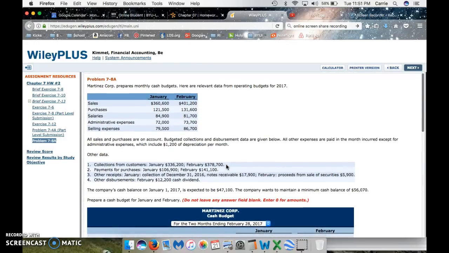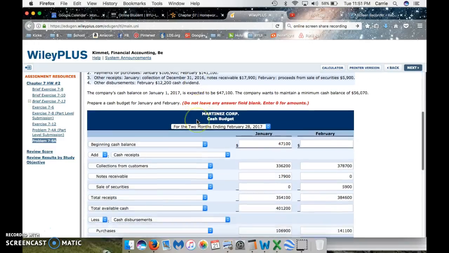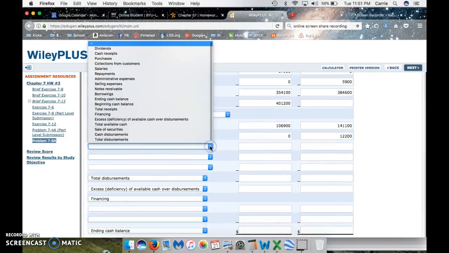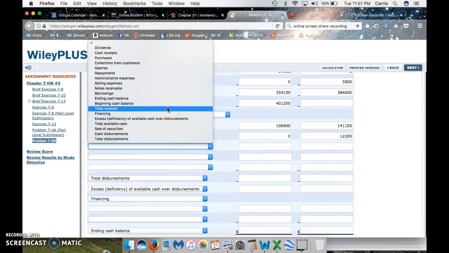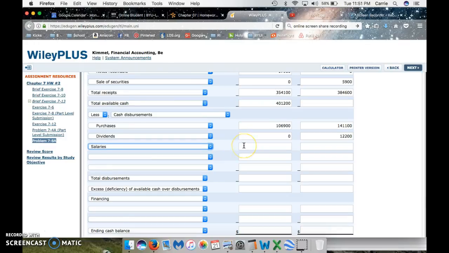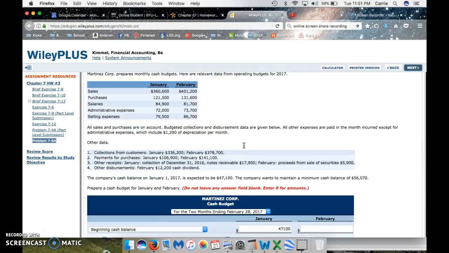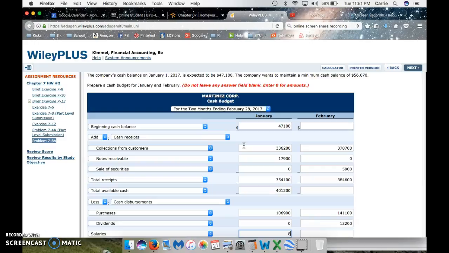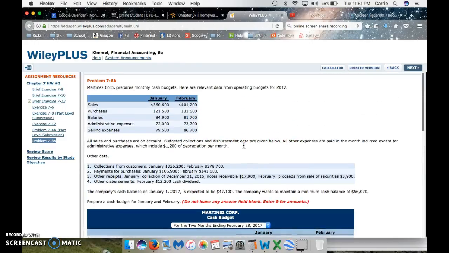All right, what are we missing? We have purchases. Oh, we have salaries. We definitely have those. Okay, so that's an expense, and all of our expenses go down here. Salaries. What were those salaries? 84.9, and then 81.7.